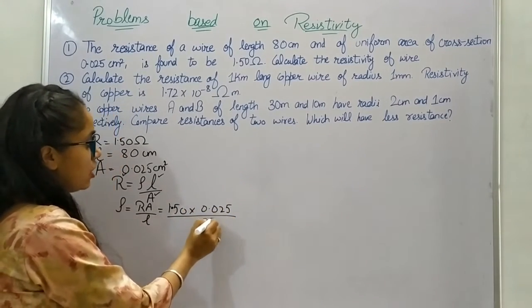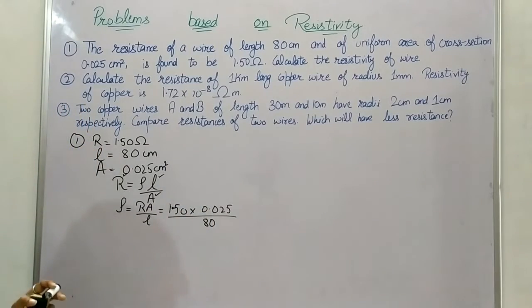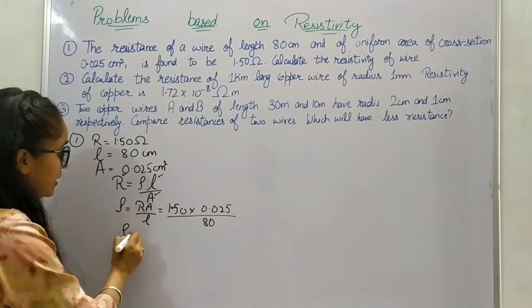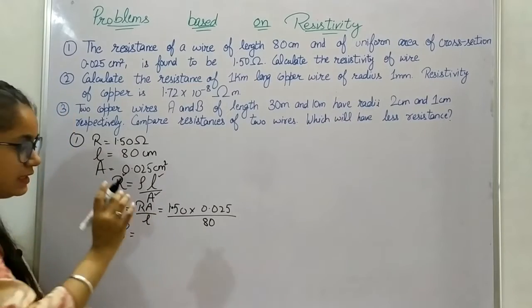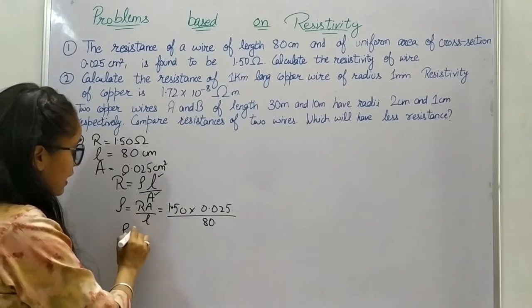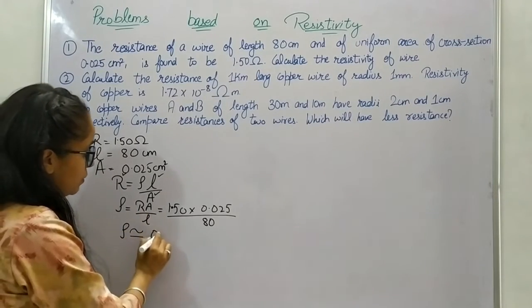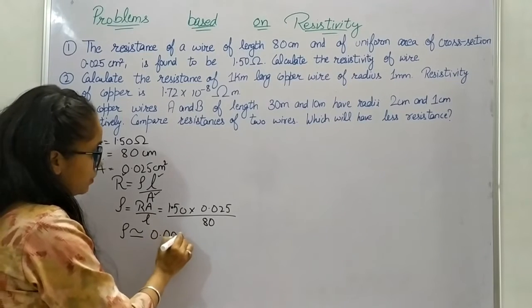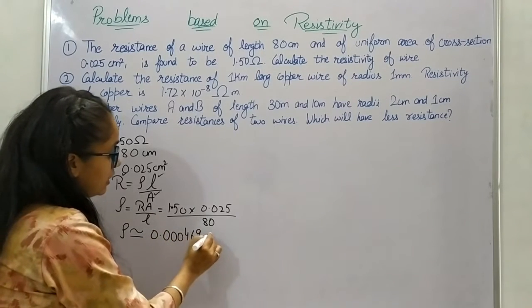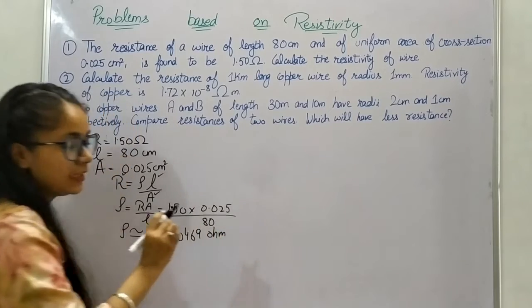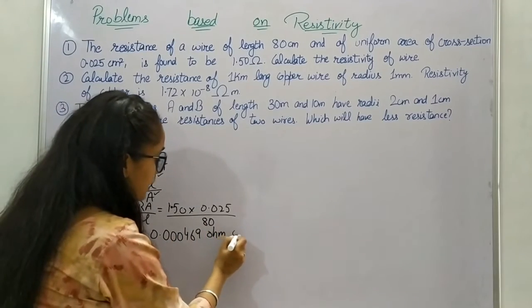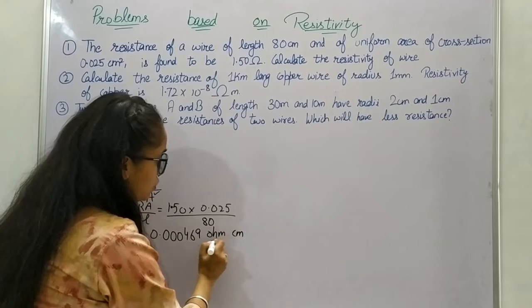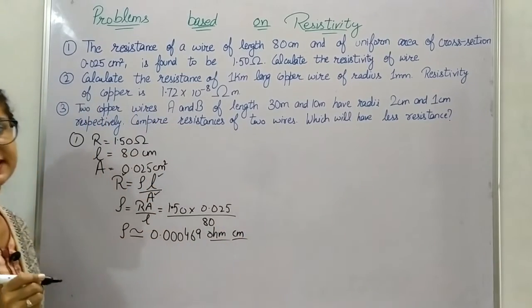When we solve it mathematically, we will get the value of approximately, not exact, 0.000469 ohm centimeter. You would be surprised to see that I am writing centimeter.